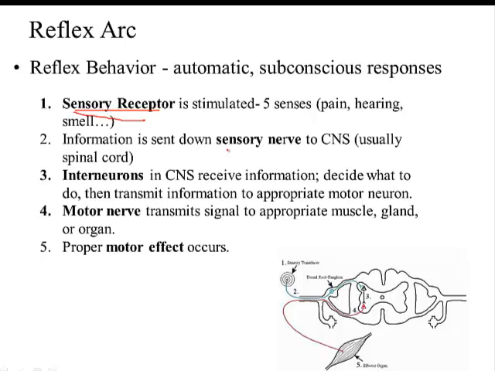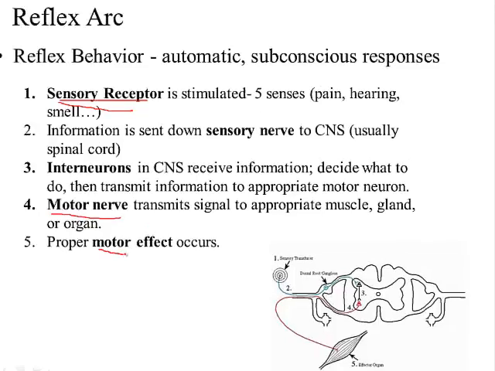So you stepped on the piece of glass, you send a pain signal up to your spinal cord. The interneurons in the spinal cord are going to receive that information and decide, what am I supposed to do about this? I'm feeling pain at the bottom of my foot. They're going to tell a certain motor nerve to transmit the signal to the muscle in your leg and tell you to lift your foot up.